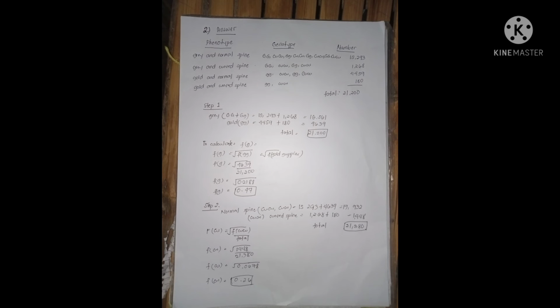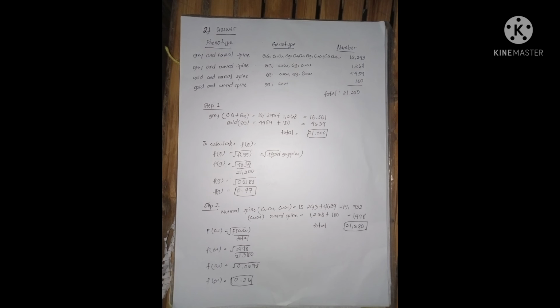Total niya is 21,200. To calculate frequency of g, frequency equals gold guppies. Frequency equals 4,639 over 21,200 yung total nung. Frequency equals 0.21. Frequency is equal to 0.47. Yun ang total sa step 1.